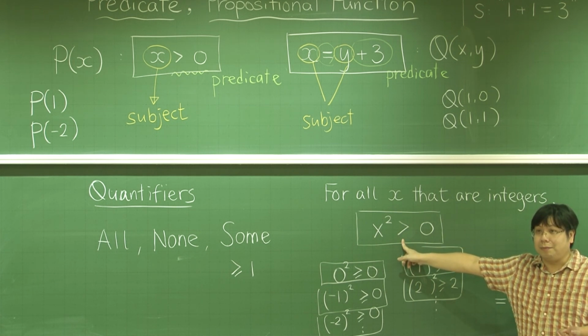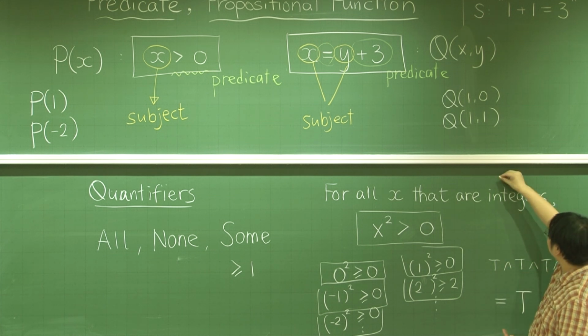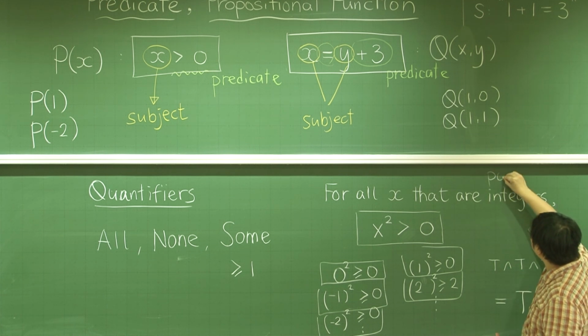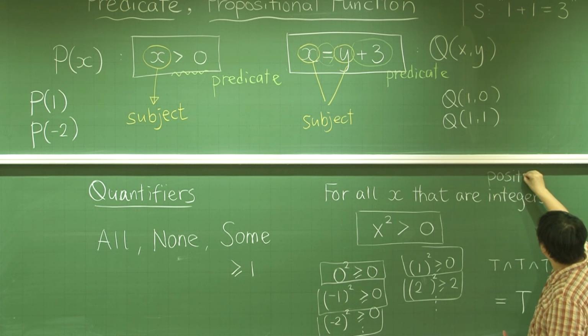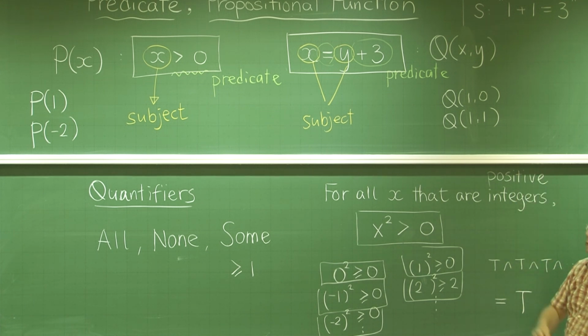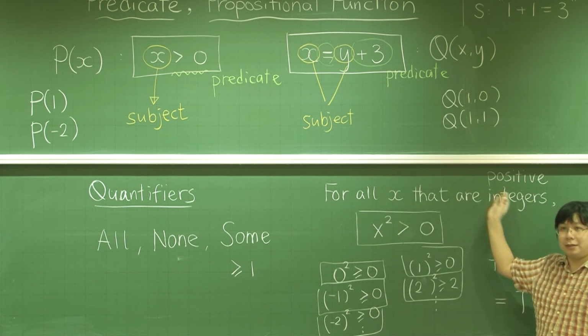Okay? But just take a look. If I add it, suppose that the x that we're interested are positive integers only. So we change our view. So previously we looked at all possible integers. In that case, the whole thing is false.